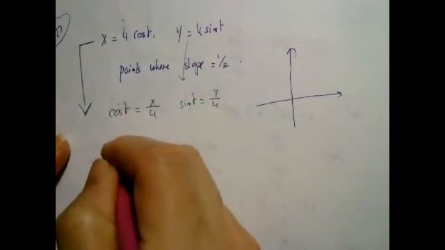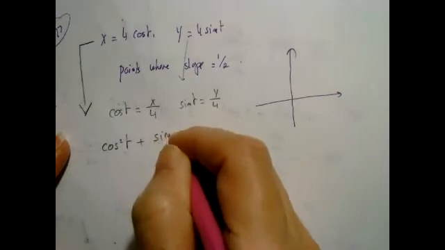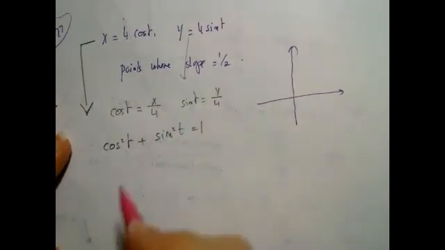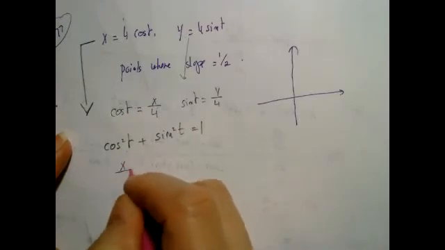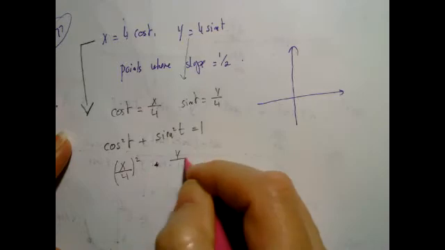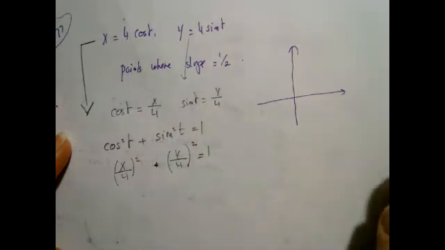Now for every moment in time, cosine squared plus sine squared is equal to 1. What does this mean? It means x over 4 squared plus y over 4 squared is equal to 1.